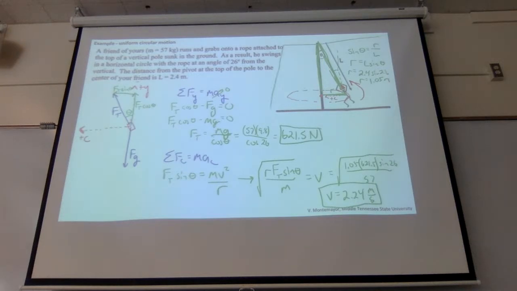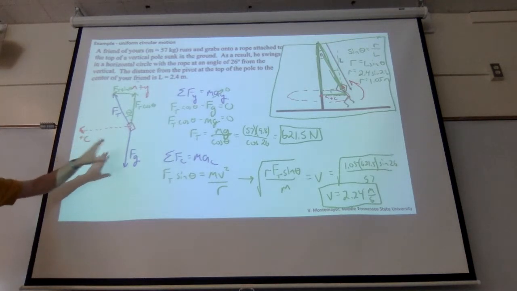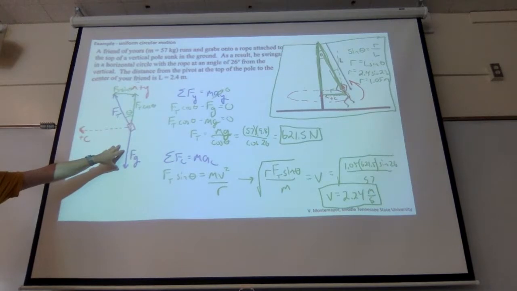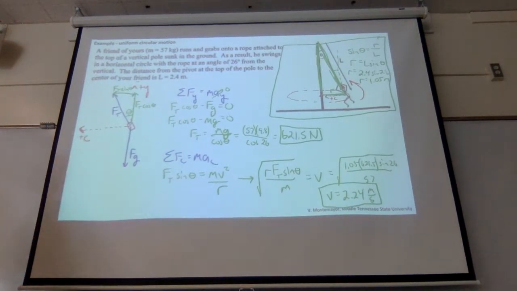this thing is physically what's really in the world. Okay, there's a rope, there's a pole, there's a person, there's a circle, and that circle has a physical dimension that is the radius. This diagram, though, is just the forces acting on the person. They don't occupy any physical space.